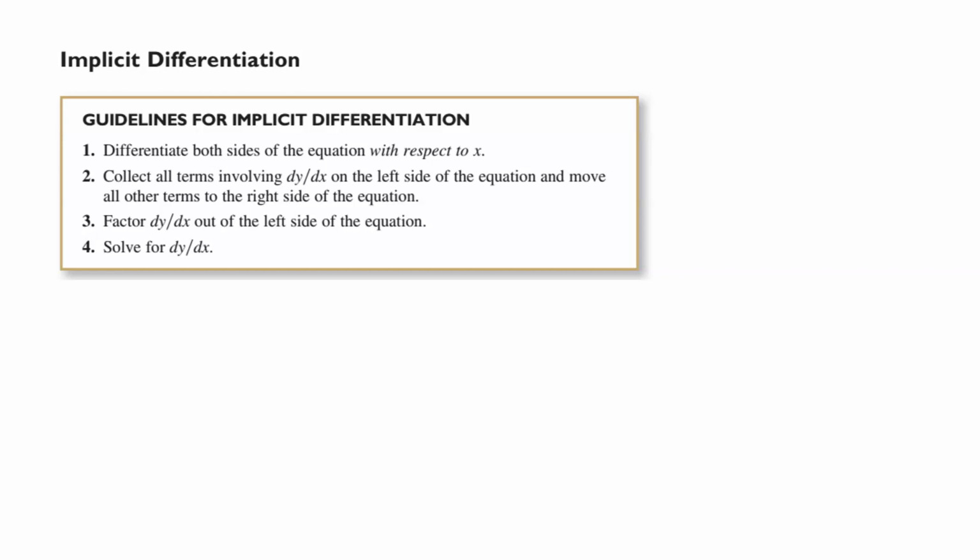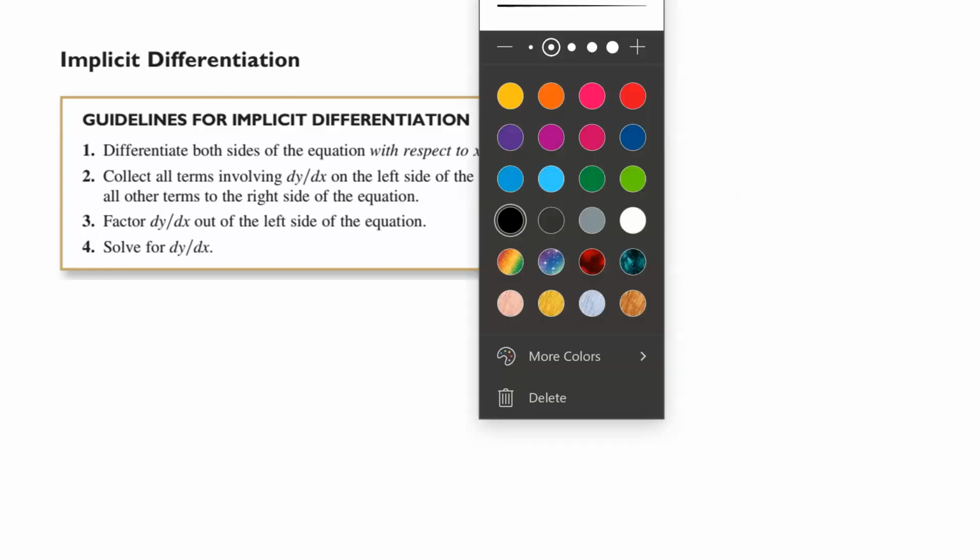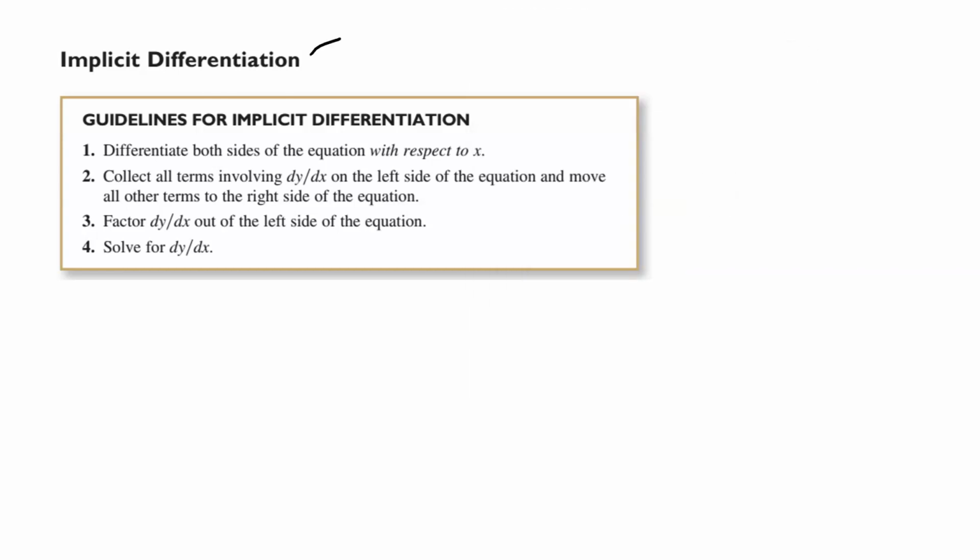So implicit differentiation, when does that occur? Well, up until now, we've been finding the derivative of y with respect to x.